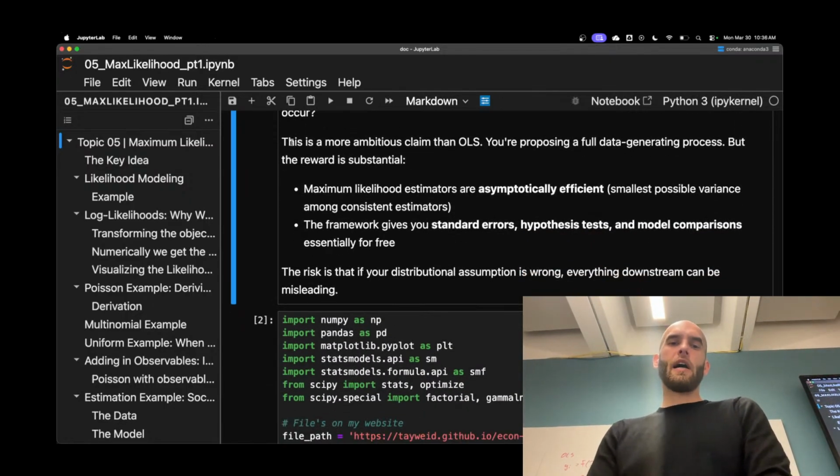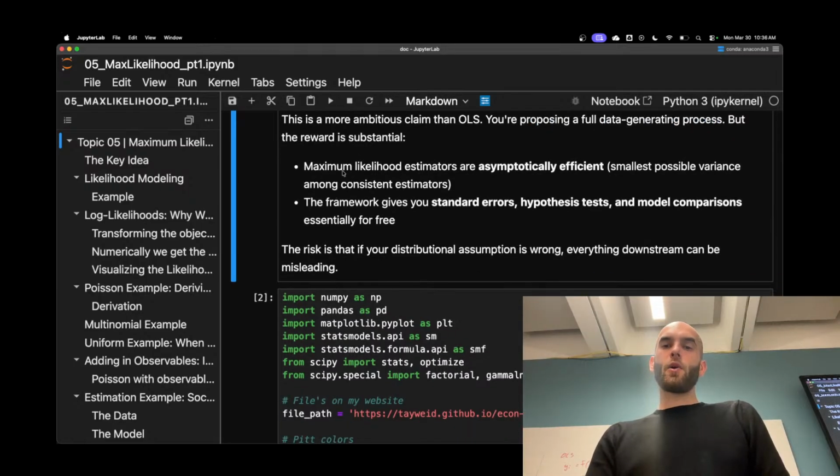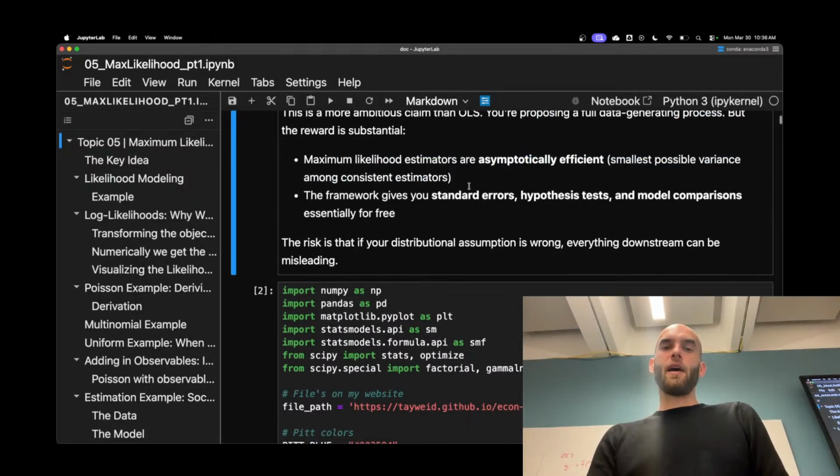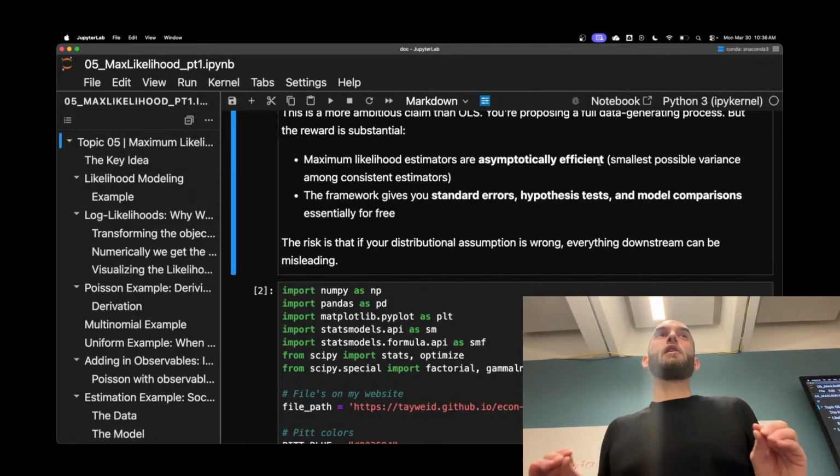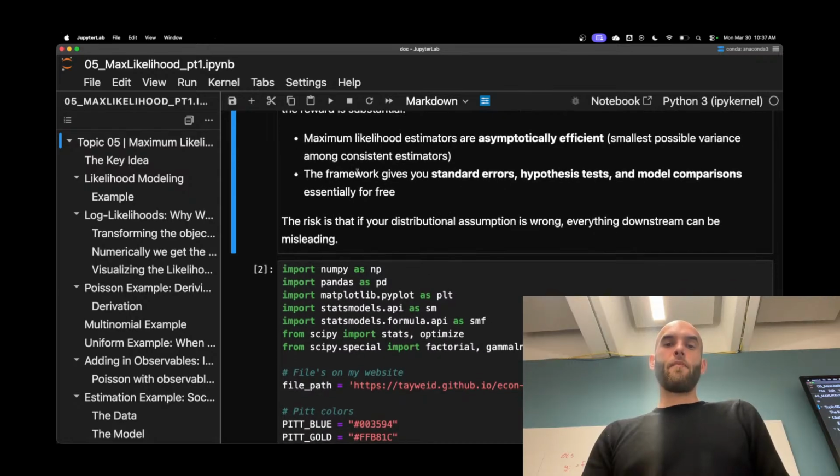In some ways, you can think about this as being a more ambitious claim. It's more structured. We're proposing the full data generating process. We have some nice things. MLE is asymptotically efficient. So this is the theoretically smallest variance we can achieve among consistent estimators.